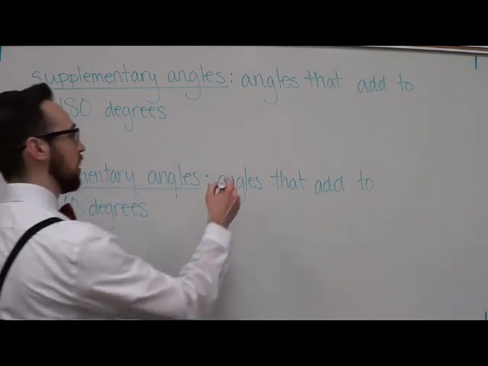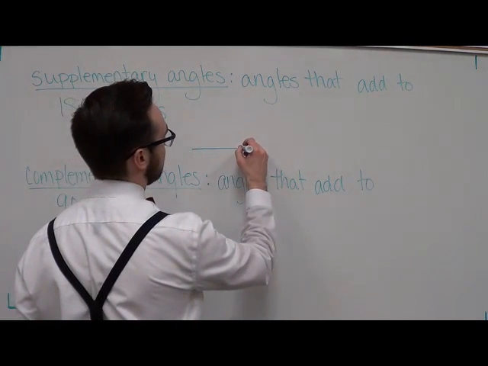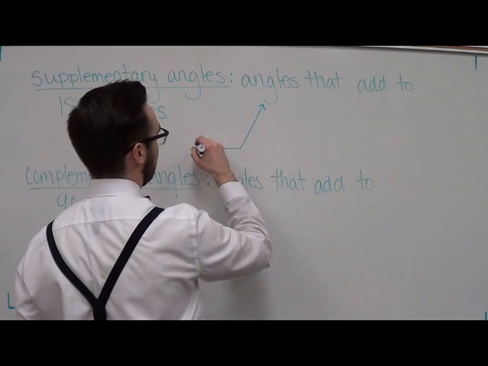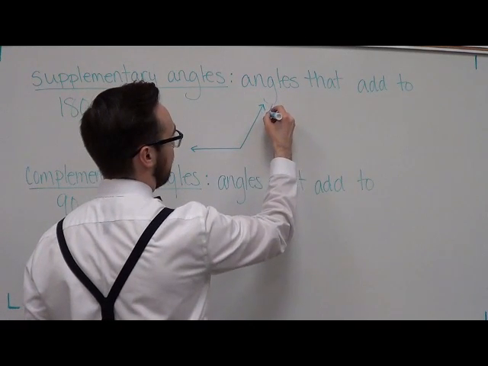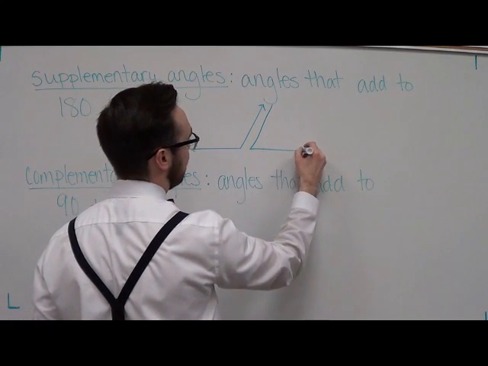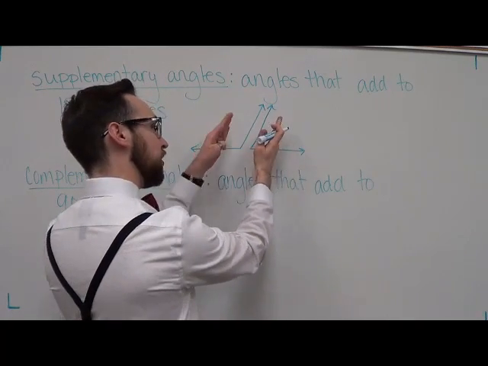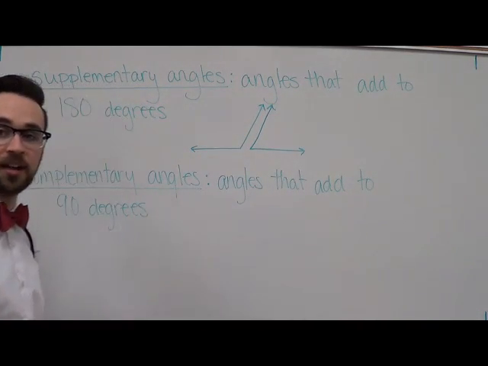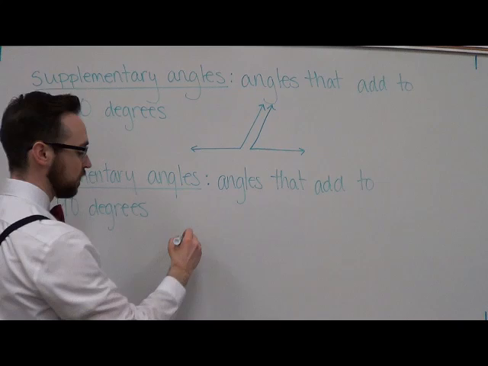So for instance, two supplementary angles would look something like this. One's going to go this direction, and then another one, if I were to put those side by side, they'd add up to exactly 180 degrees and it would be a full line.